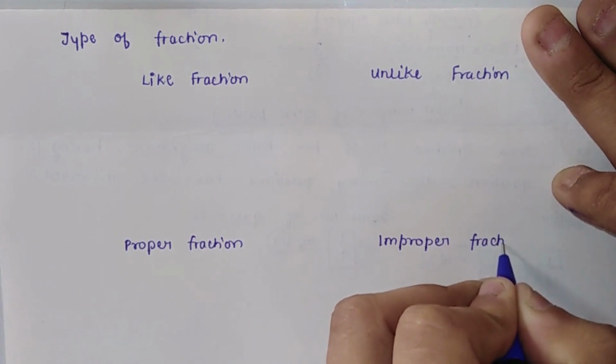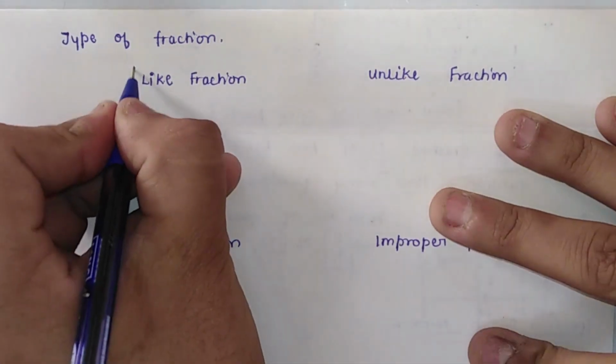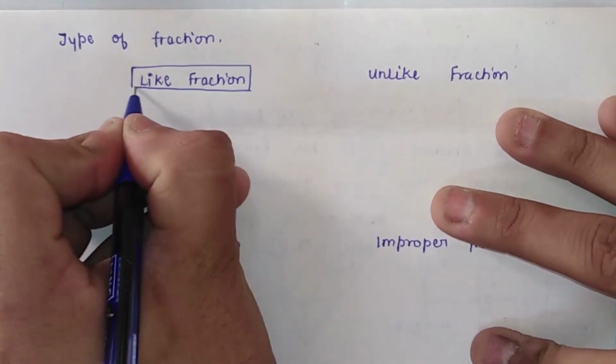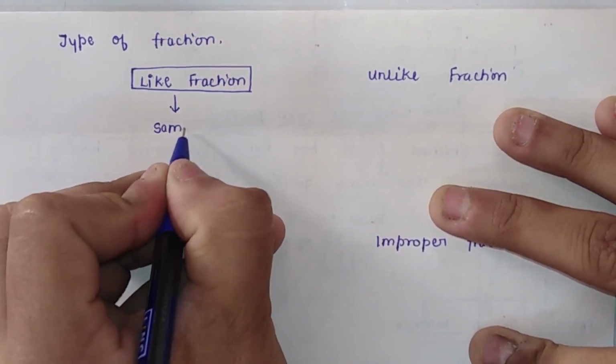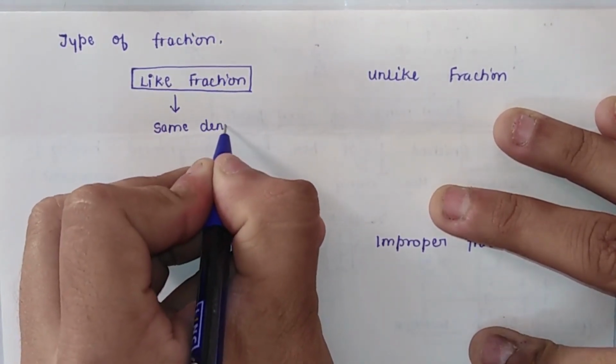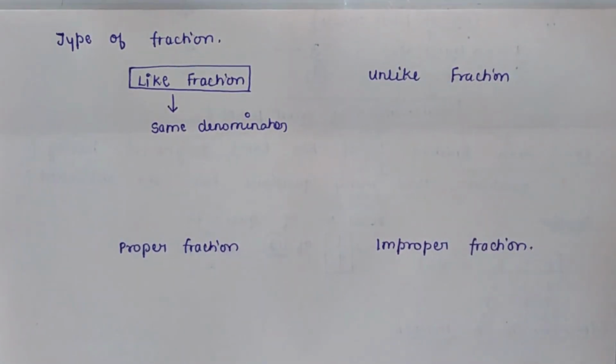First we'll take a look at like and unlike fractions and their operations, and then we'll talk about proper and improper fractions. Like fractions are those fractions which have the same denominator, and fractions which have different denominators, we call unlike fractions.